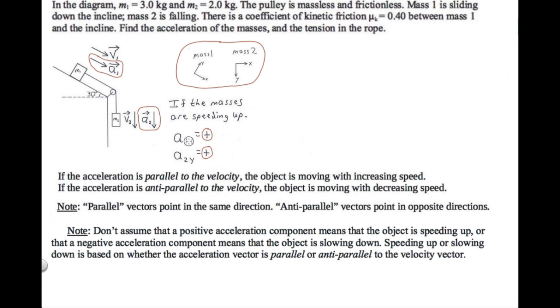So, A1x will be positive. And A2 will point in the positive y direction we've chosen for mass 2. So, A2y will also be positive. Remember that it's a good habit to include a plus sign in front of positive components.